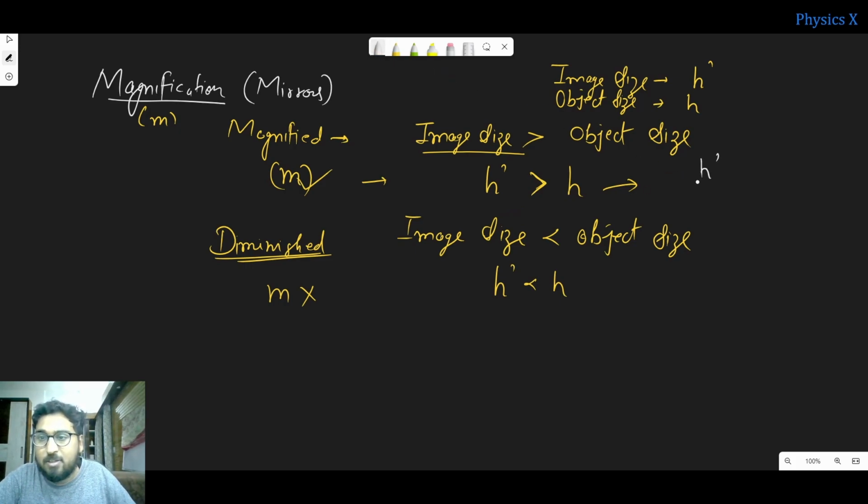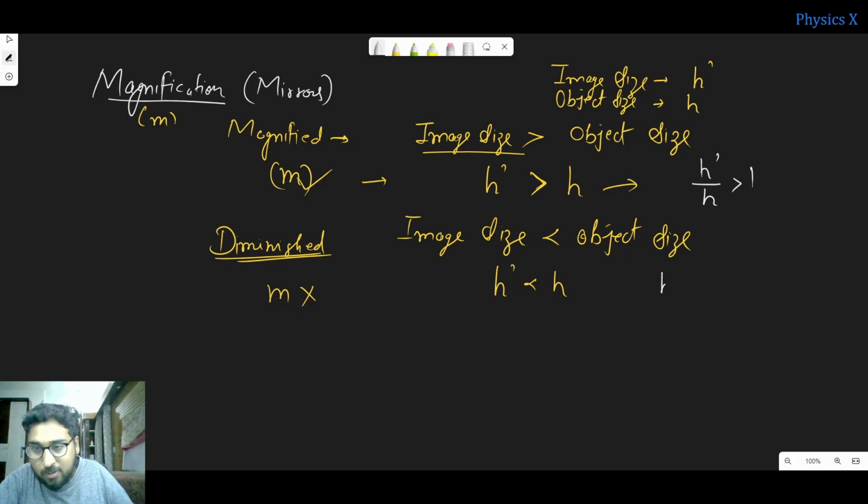That means h dash by h is greater than 1. If I take this h down, here will be 1 only. This is an inequality relation, but you can put it down just like an algebraic operation. So here only 1 is left: h dash by h is greater than 1.